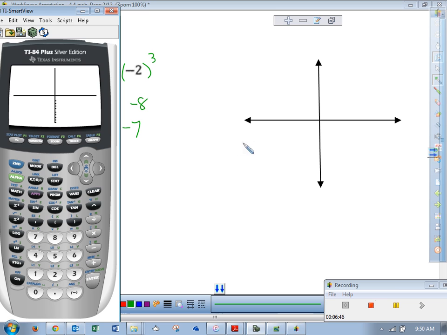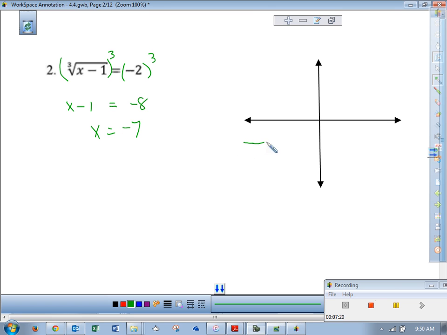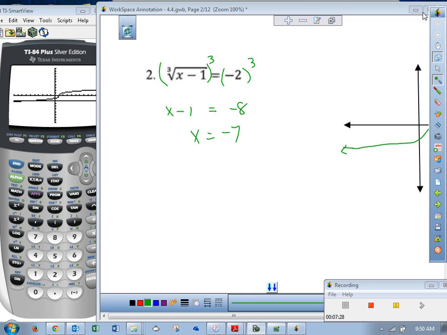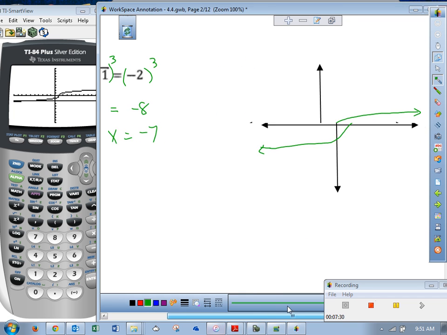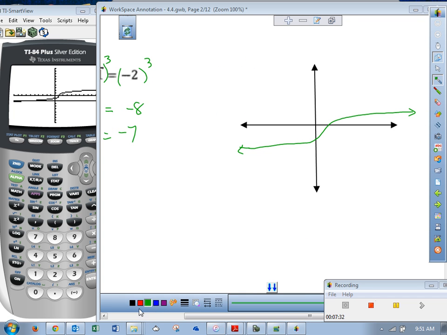And that cube root thing looks like a sideways snake, if you will. And scroll over. The y equals -7. Sorry, my bad. -2 is right here.